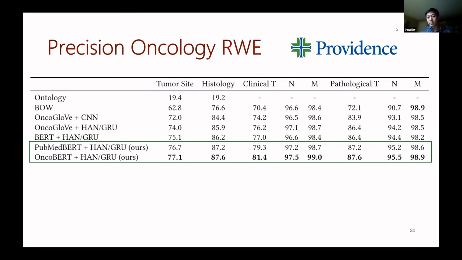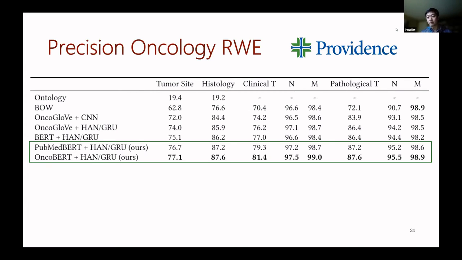We have also been making some promising progress on the real-world evidence front, right? For example, for key cancer attributes such as tumor size, histology, and staging, we are able to attain very high accuracy and start incorporating assisted curation to help speed up the curation.